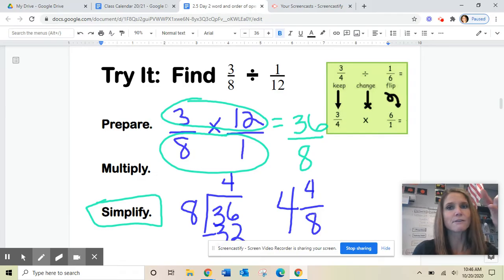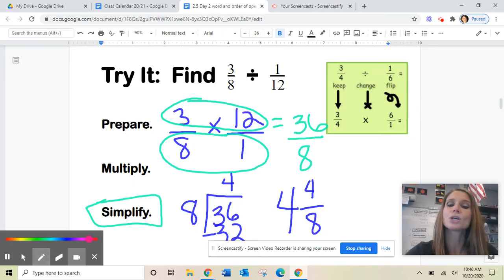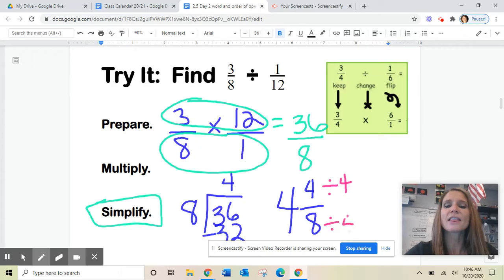But I notice 4 and 8 have common factors that I need to simplify by removing from them. So I can divide them both by 4s. I could have divided them both by 2s and then 2s again because they were even numbers, but it's faster to just do the greatest common factor of 4. So we end up with 4 wholes. And 4 divided by 4 gives me the fractional part 1 numerator, and 8 divided by 4 gives me the fractional part 2 denominator.